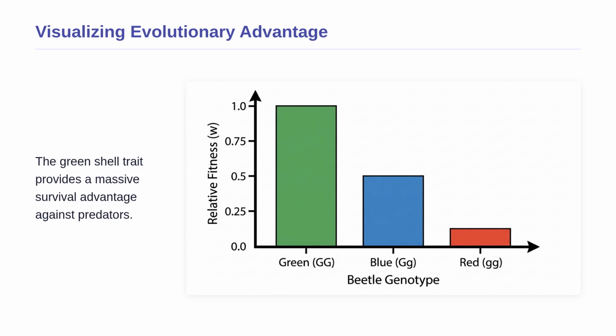The blue bar is exactly half that height, and the red bar is barely visible at the bottom. This visualizes the intense evolutionary pressure at play. Over time, this massive disparity means the green shell trait will completely dominate the population, while the red trait may disappear entirely.